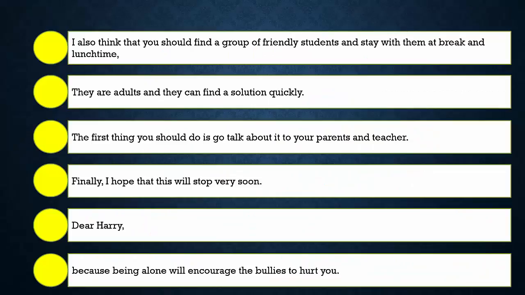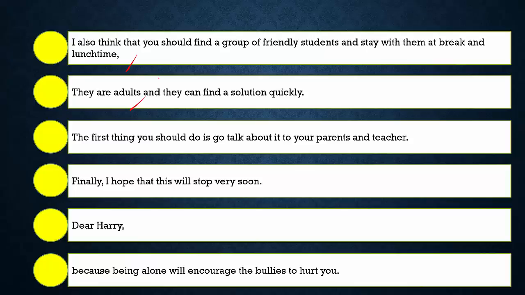Okay, this is actually the letter which Harry received from the editor of the magazine, but we've got a problem here. The parts of the letter are not in order. So what we need to do is rearrange them to get a coherent and beautiful letter. Let's read the parts. I also think that you should find a group of friendly students and stay with them at break and lunchtime.